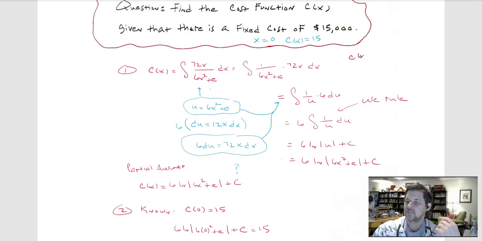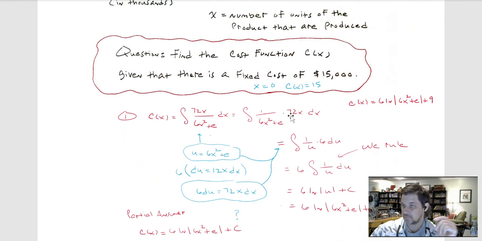Your cost function is 6 natural log, absolute value, 6x squared plus e, and then plus 9, because we found that constant is supposed to be 9. You could also lose the absolute value if you want to, because 6x squared plus e will never be negative.